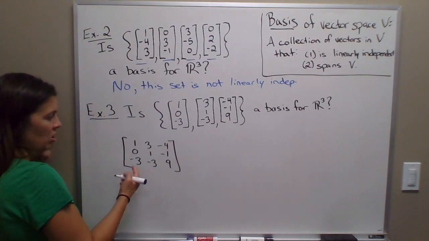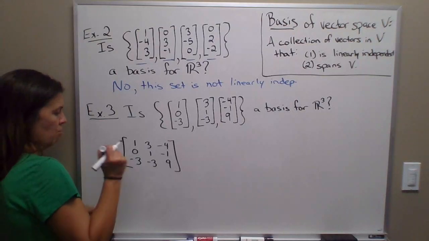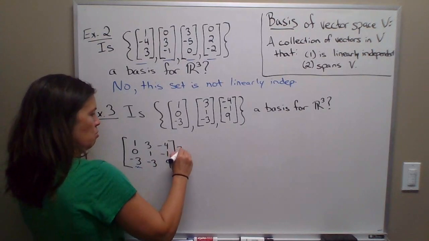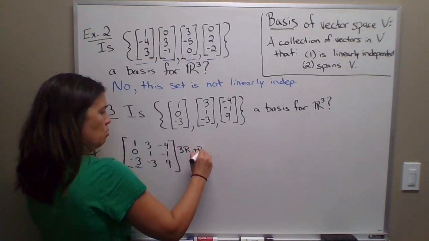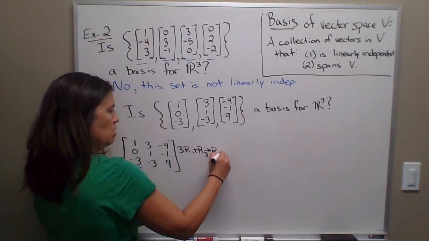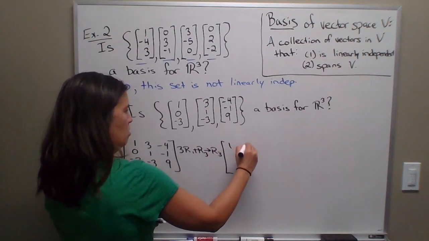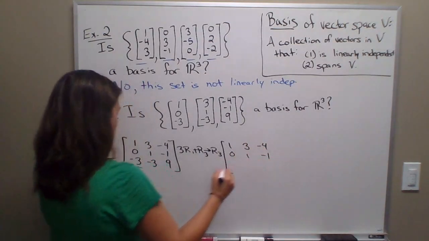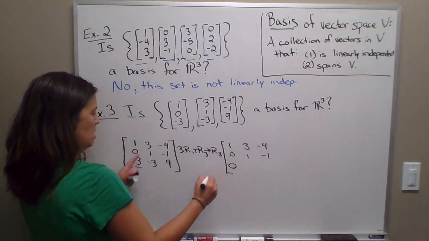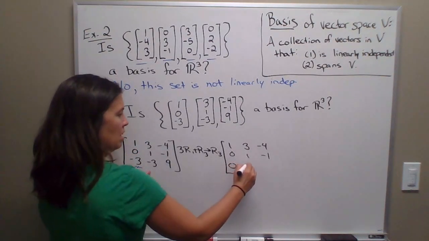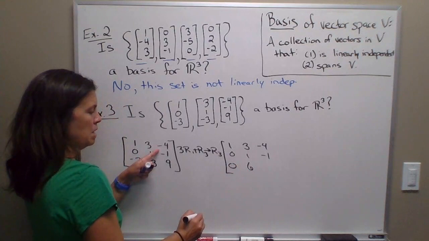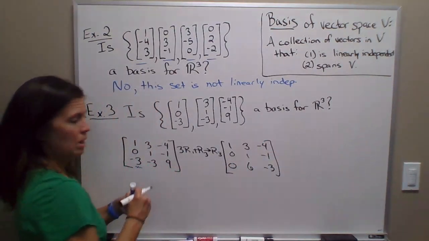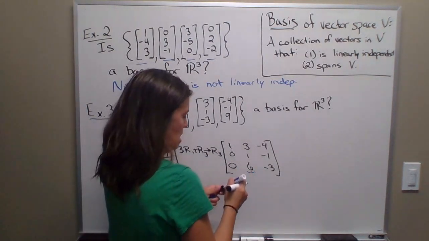So to do some quick row reduction on this, let's say I want to first get rid of the -3 in this position here. So I'm going to do 3 times row 1, add that to row 3, and make that my new row 3. So I'll have 3 plus -3. 3 times this will be 9 plus -3. And then 3 times this would be -12 plus 9. And now I'd want to get rid of the 6 right here.